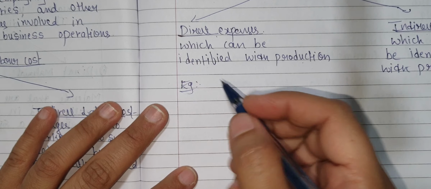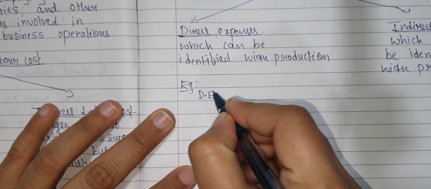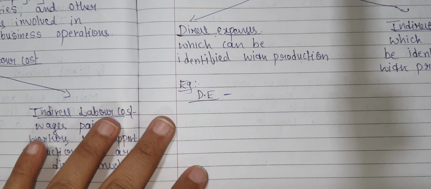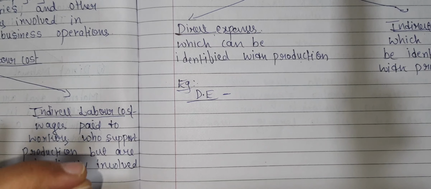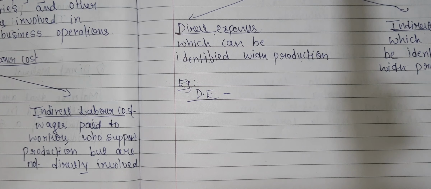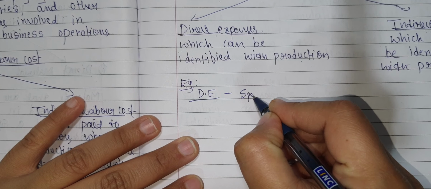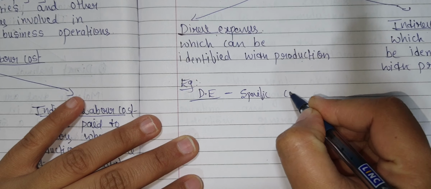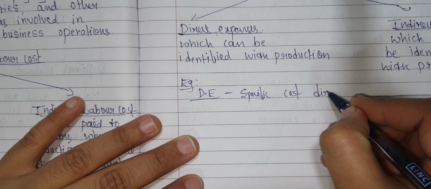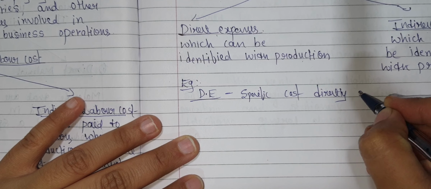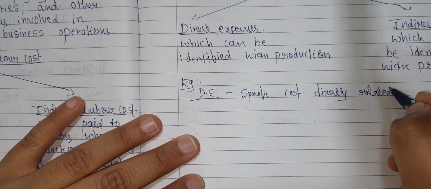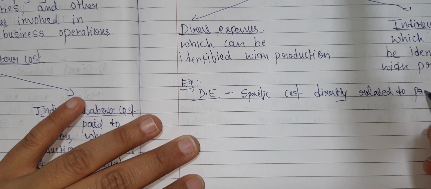Let's see the example. Example for direct expense: specific costs directly related to production.